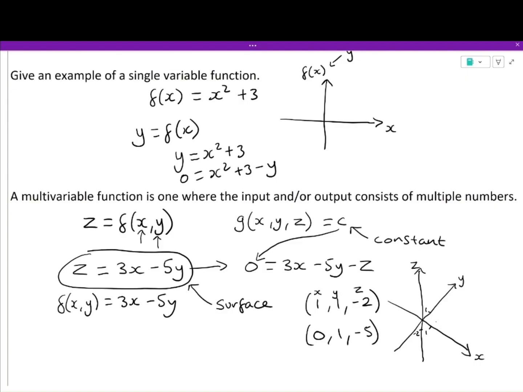So you could put your point there. That's how you'd plot that point. And then you do similar with the 0, 1, negative 5. So 0 on the x-axis, then 1 again on the y-axis, but this time we're going to do negative 5, which is going to be even lower. So you could draw it down here, where this is negative 5.